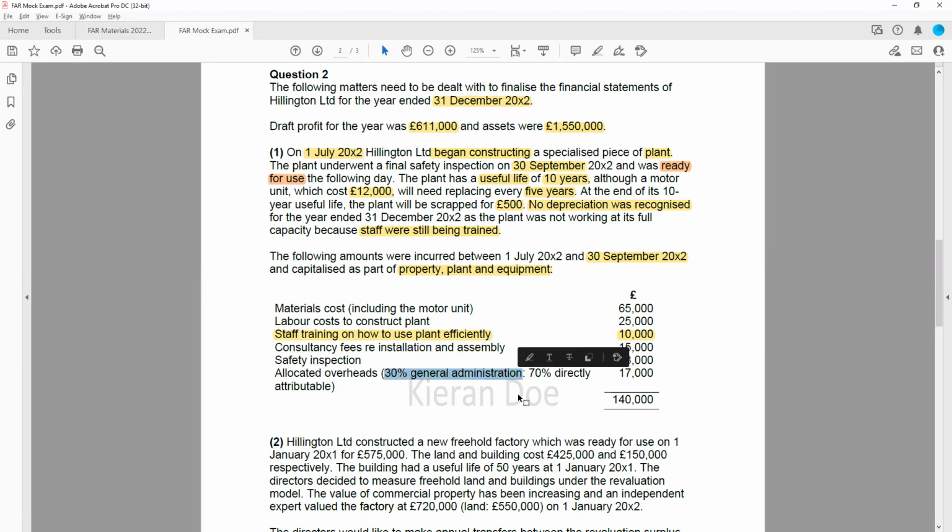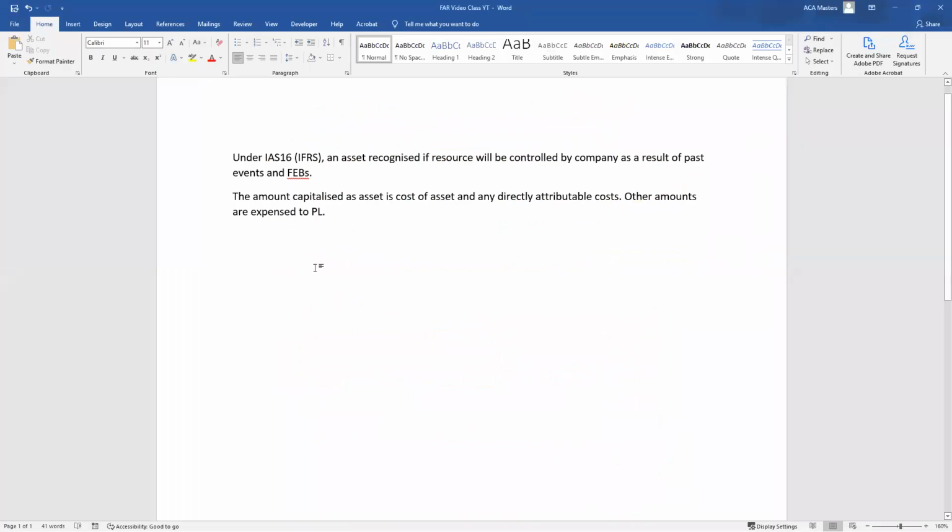It's just general payroll staff and admin, HR, etc. Then we've got 70%, which is directly attributable. That's obviously the key term we're looking for. They're saying 70% of these costs are directly attributable to bringing the asset into use, so those could be capitalized. So when I say we apply it to the scenario, we're taking this technical content and applying it to the specific scenario.